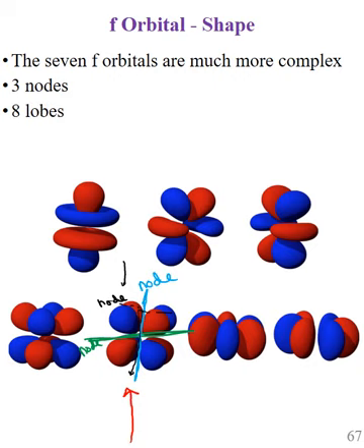There are 8 total lobes. You're going to have some positive lobes in there and some negative lobes as well. Let's look at this one to look at the lobes. The other ones are kind of harder to see.